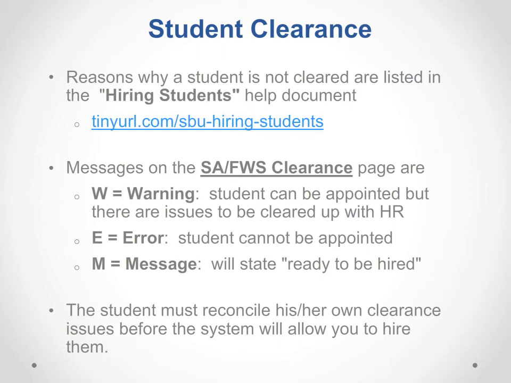The messages on the clearance page are warnings, errors, or there will be a message stating the student is ready to be hired. Warnings mean that students can be appointed into assignments but must clear up some issues with HR. Errors mean the student cannot be appointed at this time. It is up to the student to reconcile his or her own clearance issues before the system will allow you to appoint them.